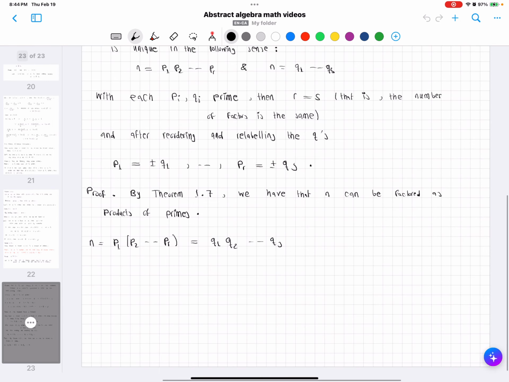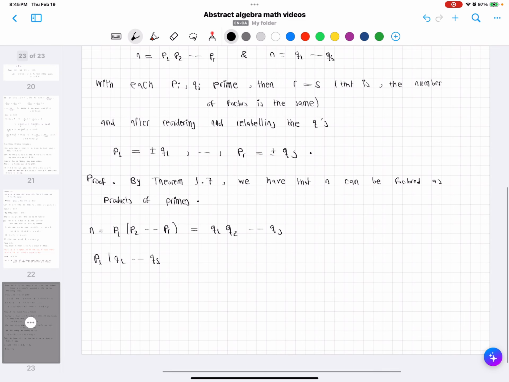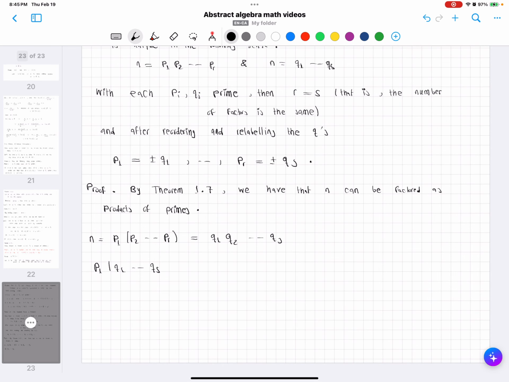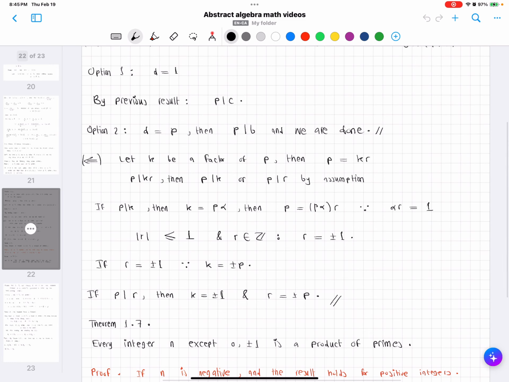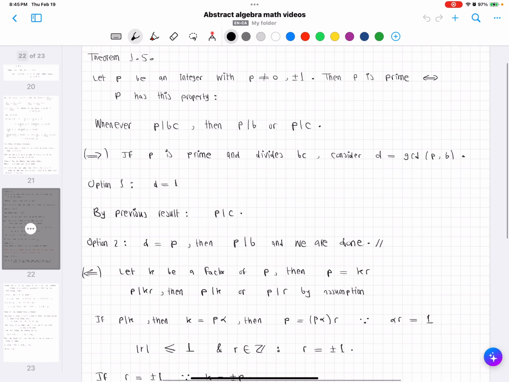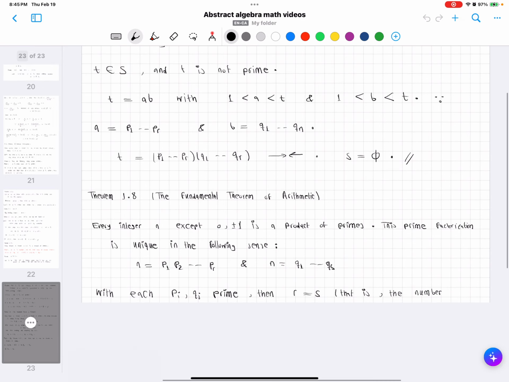The reason I've written it down like that is because that tells us that P1 divides Q1 to QS. And so we have the following previous result: since P is prime, if it divides a product of two numbers, then it must divide one of the numbers.